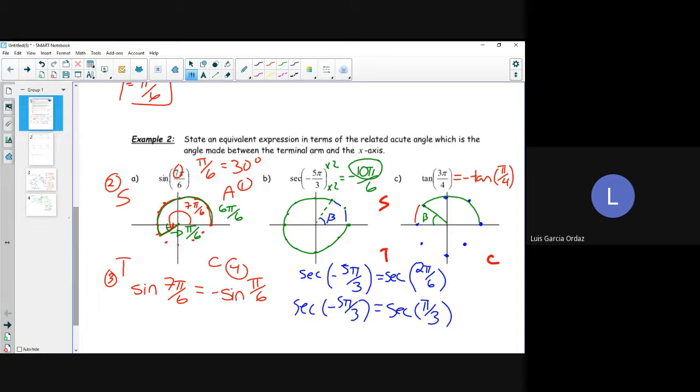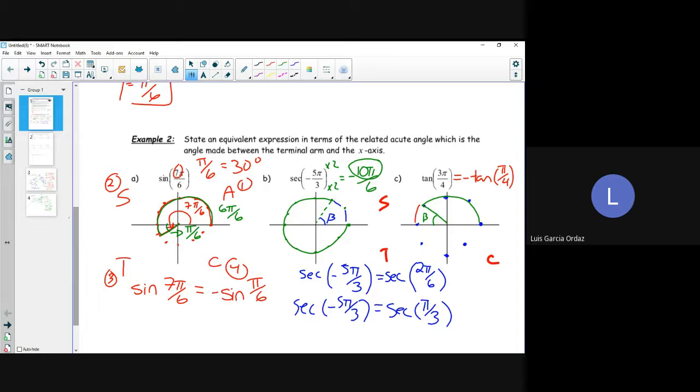So are you guys starting to understand the pattern that's going on here and the concepts? So for example, if it's pi over 4, because pi over 4 is equal to 45 degrees, you're just dividing each quadrant into 45-degree segments.